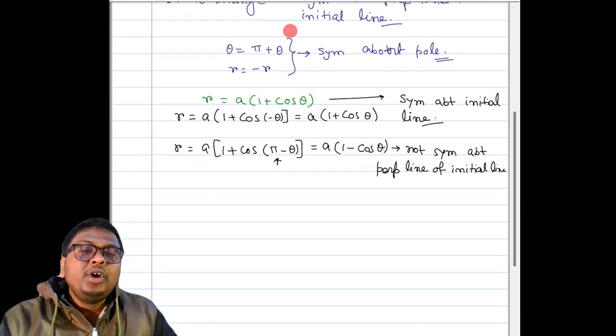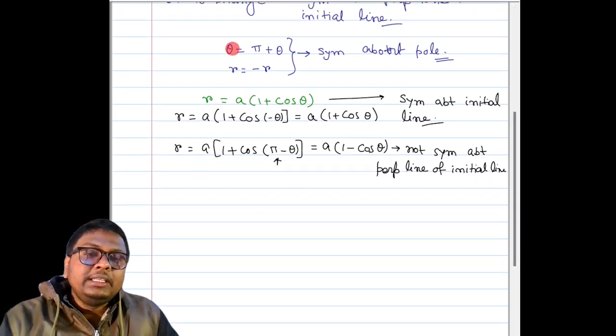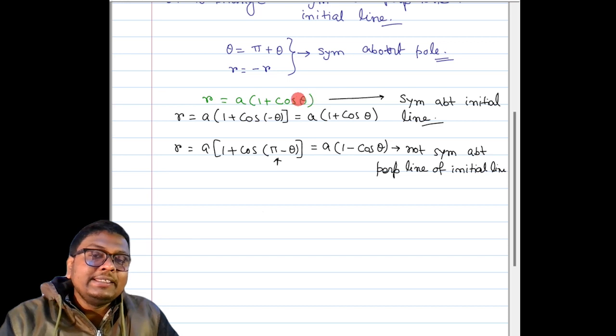Next you have to put theta equals pi plus theta or r equals minus r. Very easily you can see that if we put r equals minus r, obviously the equation will be changed, so this is not satisfied.